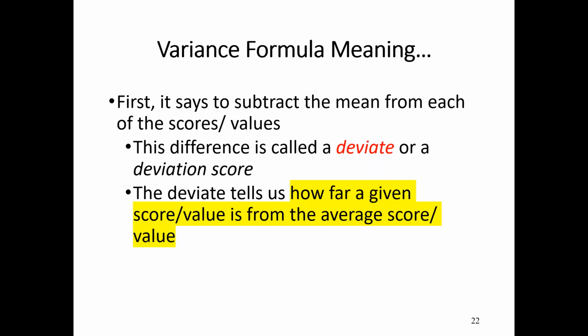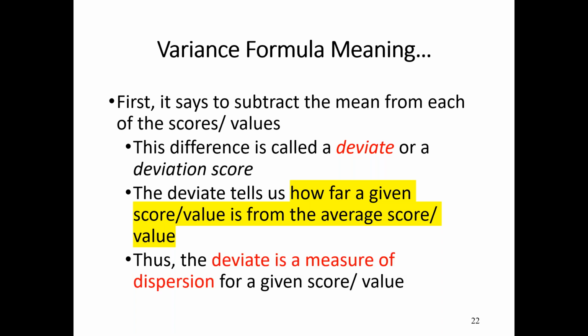Now, what is the mean? Mean is nothing but the average. So how far is it from the mean? How much is the difference? Then a deviate is a measure of the dispersion for the given score. So this deviate gives you an indication about the dispersion, how far it is away from the central tendency.